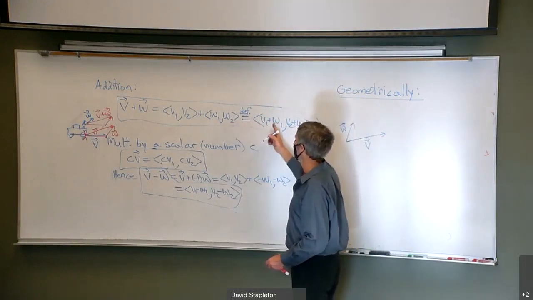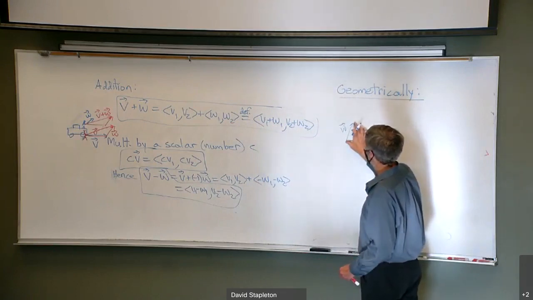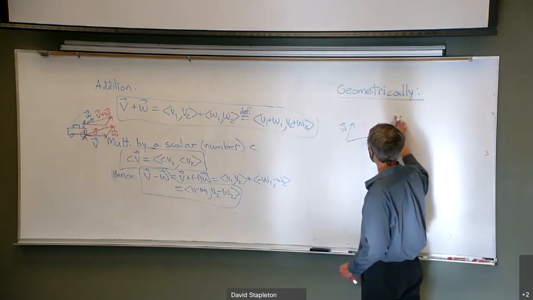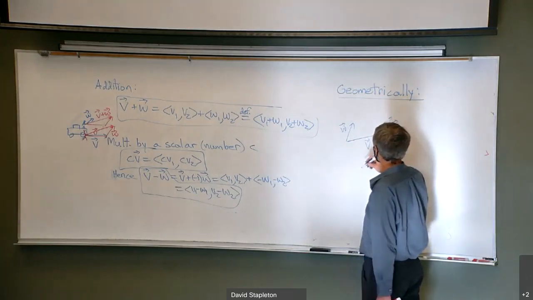The sum of two vectors defined component by component is equivalent to taking one vector and placing its tail at the head of the other one. So you just take a copy of it, a vector equal to w, put it like that. Sometimes we'll label it w.